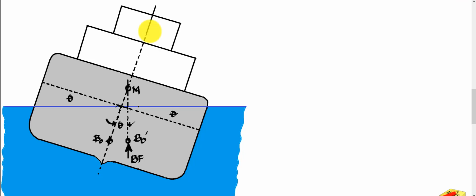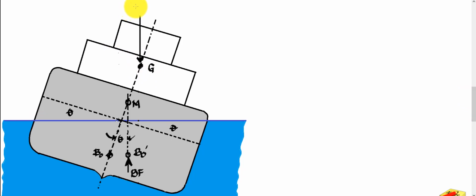You will notice here we have already additional weight on the top of the ship, and the location of our metacenter is already below the platform of the ship.